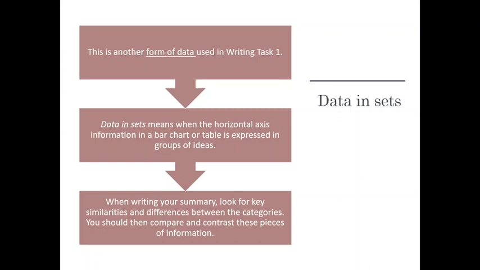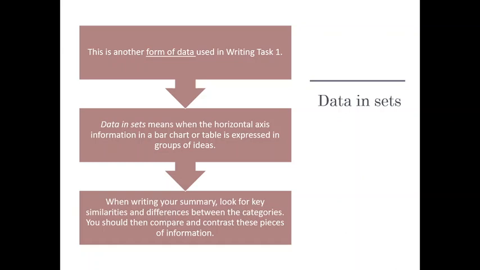So, what exactly is comparison and contrast or comparing data in sets? This is another form of data used in writing task 1. As you remember in our previous lesson, we discussed writing task 1 about trends. Data in sets means when the horizontal axis information in a bar chart or table is expressed in groups of ideas.